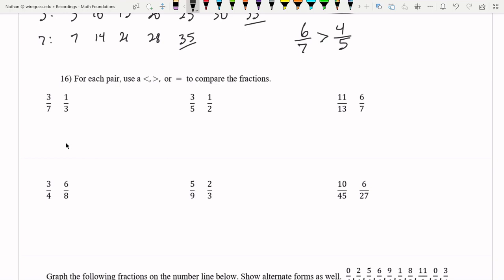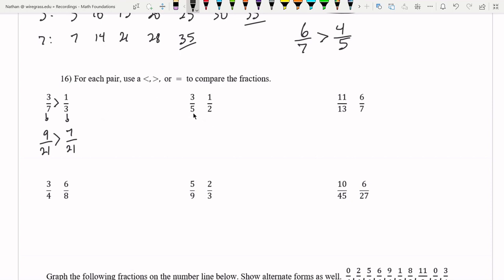You can list out the multiples of 7 and 3 if you'd like, but 7 times 3 is a common multiple. So multiplying top and bottom by 3, I'm going to get 9 over 21. And multiplying top and bottom by 7, I'm going to get 7 over 21. 9 over 21 is greater than 7 over 21, so 3 over 7 is greater than 1/3.